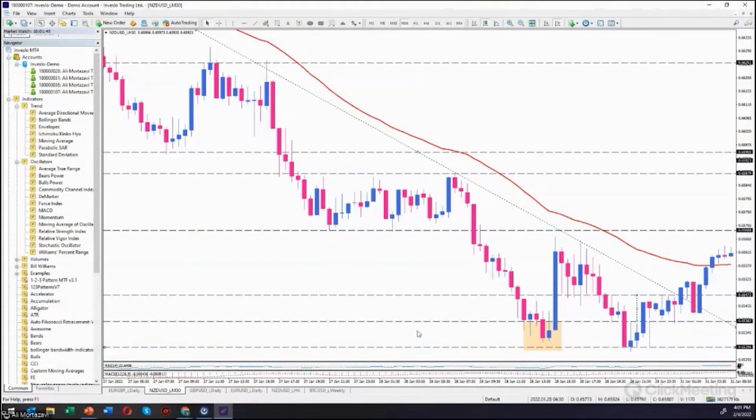It means when I have this dynamic resistance line here and I see the rejection of the price from this line, I can take it as a sell signal. It means this is the second way that I can trade the candlesticks.